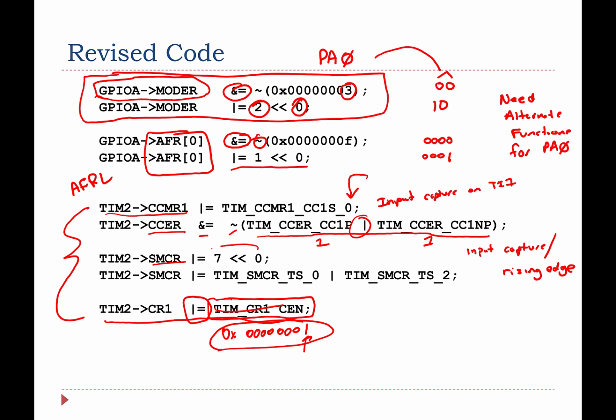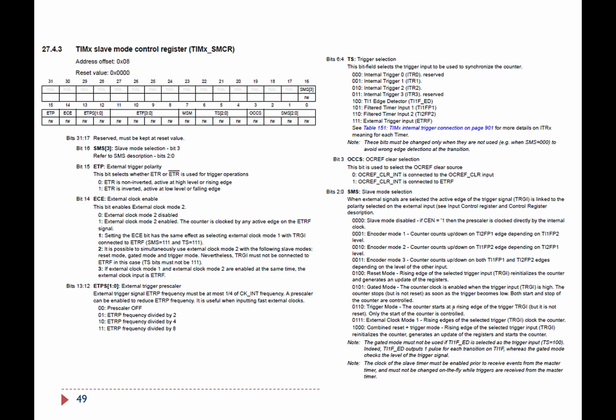Now, why are we not using this as some bit pattern? Obviously we could, but this is the slave mode control register, and we're putting in 7. What is 7? 7 is 1, 1, 1. So we're putting in 3 bits. We're not shifting it at all. So we're putting in 111, it's shifting at 0 bits, and let's see what that does to that register. Okay, clearly we're doing something with those 3 bits right there.